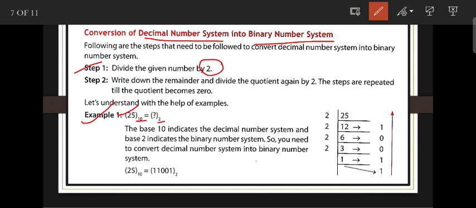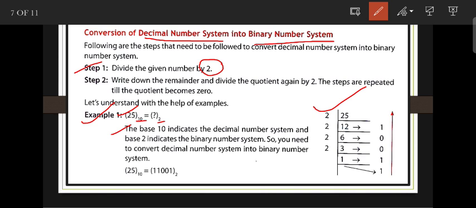The base 10 indicates the decimal number system and the base 2 indicates the binary number system, so we can easily identify the number by its base.